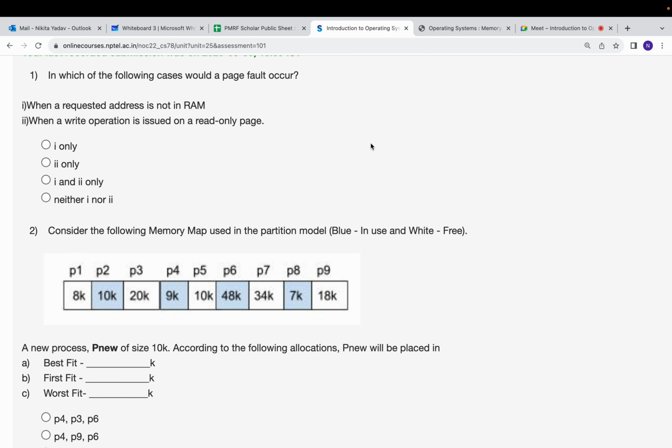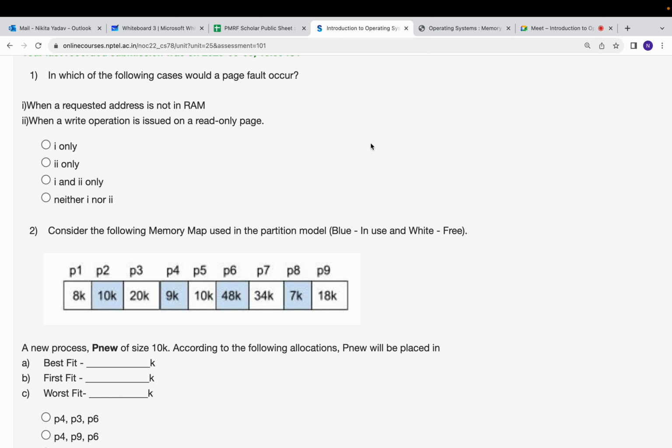Now the OS will execute and try to find a free page frame and move the requested page from disk into the free page frame. Or the swap out process will happen, but whatever, it is going to handle the page fault. So the first one is definitely a page fault: when a requested address is not in RAM.